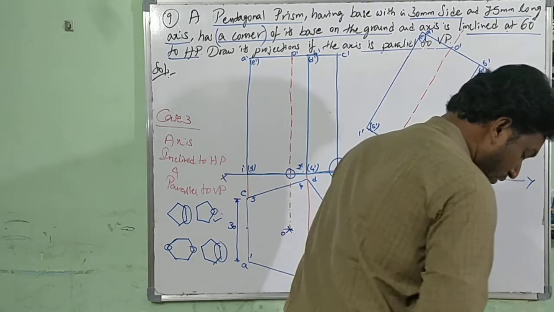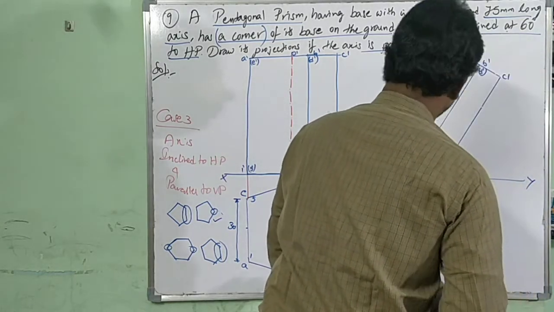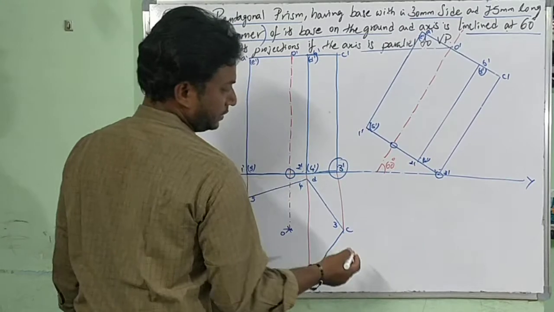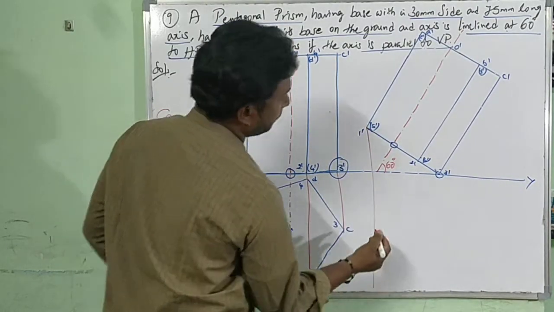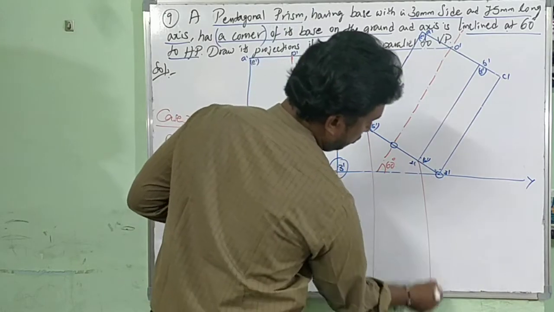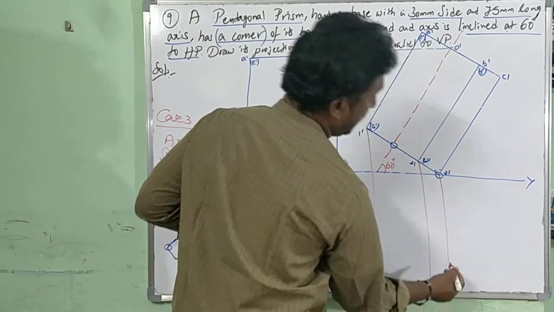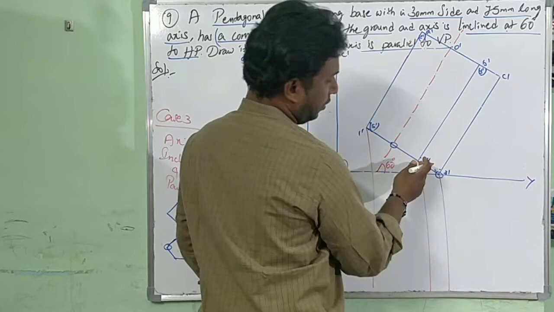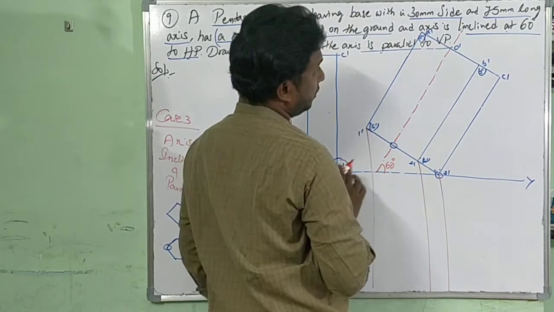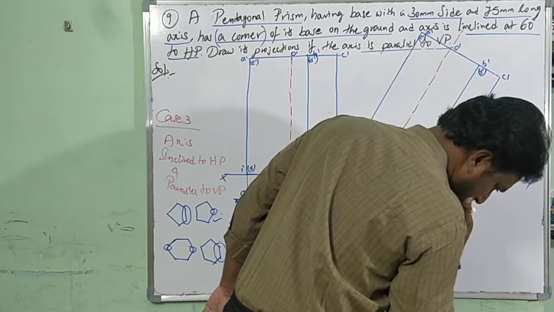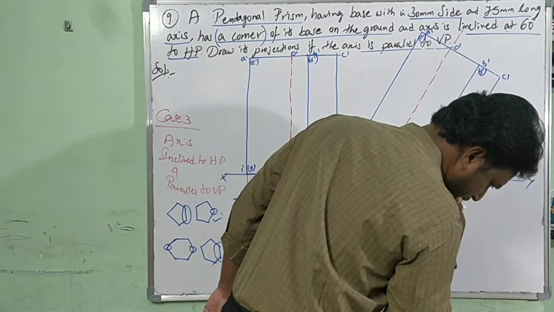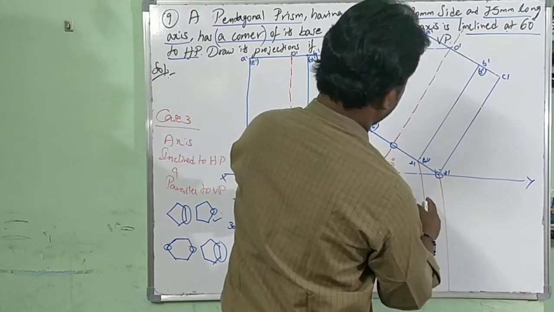Now pulling down the projectors. Pulling down the projectors for the final top view. From 1 dash, 2 dash, 3 dash, 4 dash backside, 5 dash. Now A dash. See, as per my knowledge, A dash should be just inside.